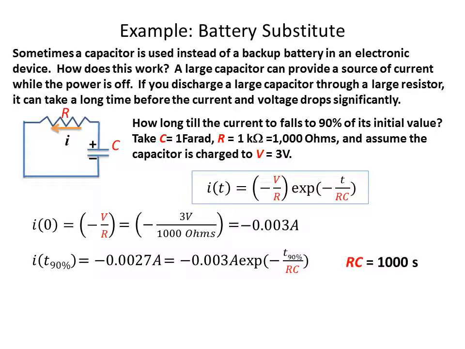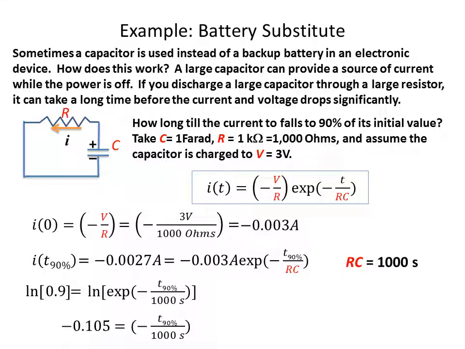RC, if we multiply it out, ends up being 1,000 seconds, so that's our time constant. If we divide back, we find the 90% value divided by the original value, you get, of course, 0.9 or 90%, and that's equal to just this decaying exponential. We can solve for the time for 90% by putting in natural logs on both sides.